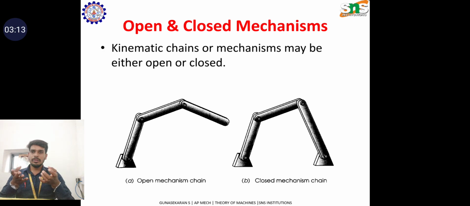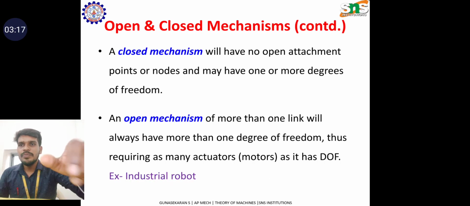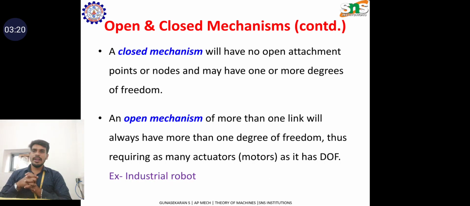Here we are seeing two types, open and closed mechanism. First we are seeing closed mechanisms. A closed mechanism is a kinematic chain where all links form a loop with no open attachment points or nodes. Such mechanisms may have one or more degrees of freedom (DOF), allowing controlled and predictable motions.